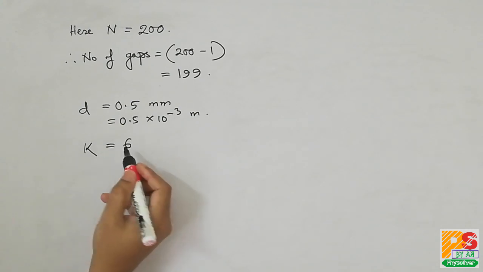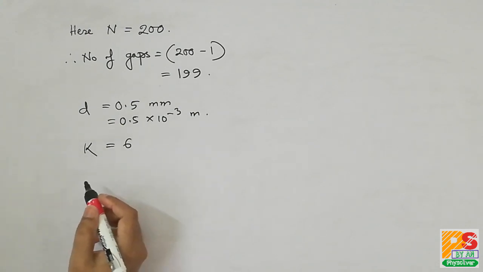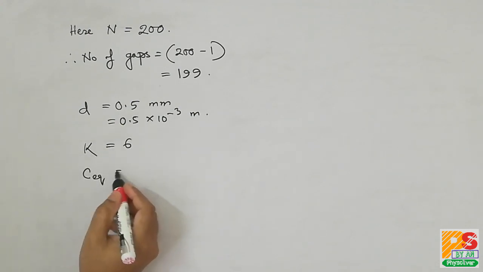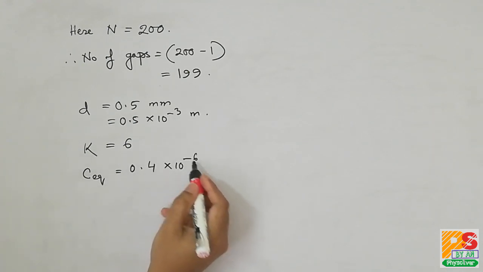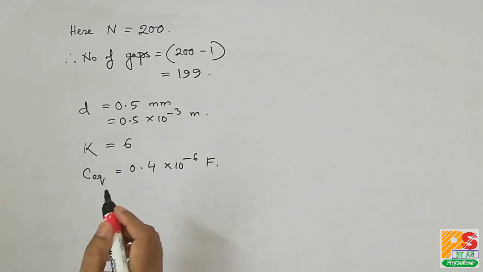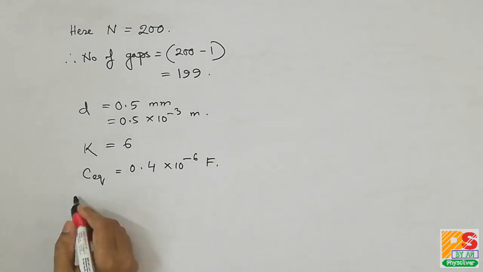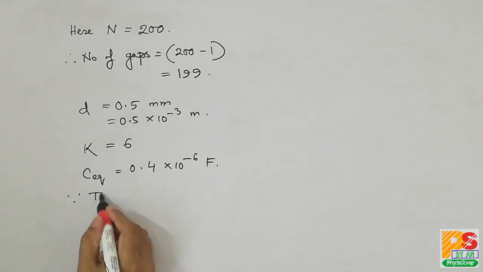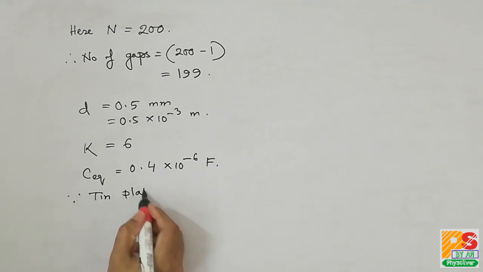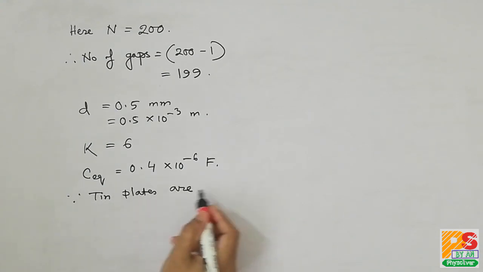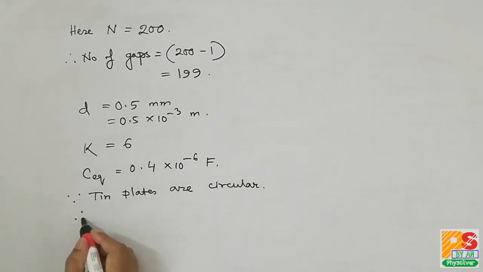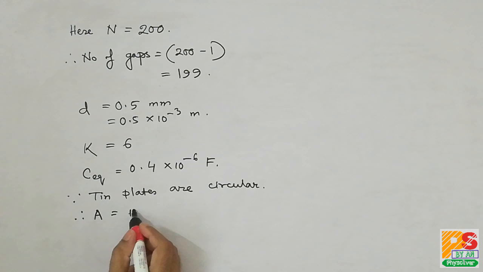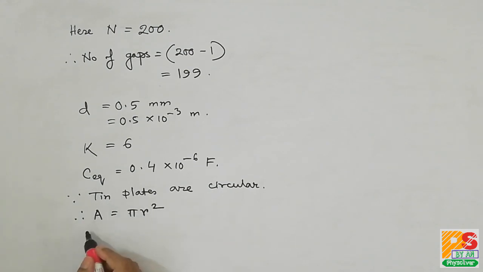The medium between the two plates is filled with a dielectric of dielectric constant 6, and C equivalent of all the capacitors is 0.4 microfarad. Since the tin plates are circular, we can say their area will be πr², where r is the radius of each tin plate, which is our answer.